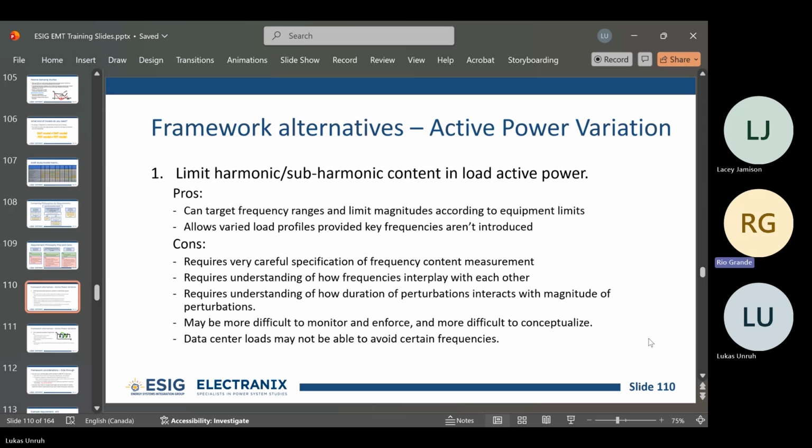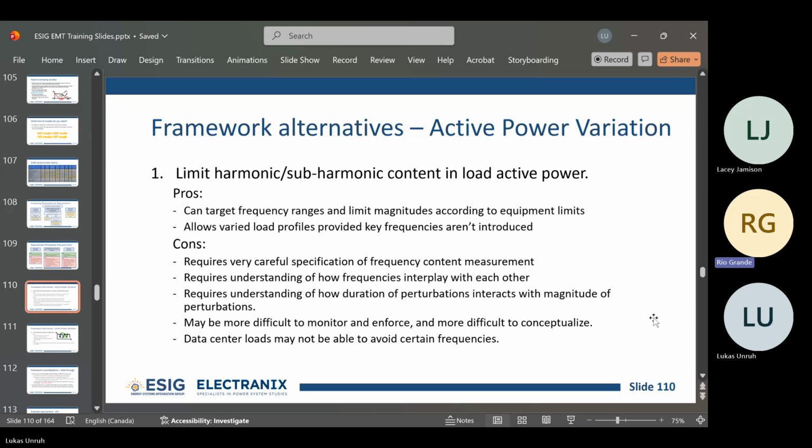Duration of perturbation interacts with magnitude of perturbation. Again, these are things that we don't really know exactly how they're going to look in the actual loads. But assuming you have one of these requirements, you would have to have some sort of requirement that says, okay, you can't have more than 1 megawatt at 10 hertz for some certain amount of time as well.